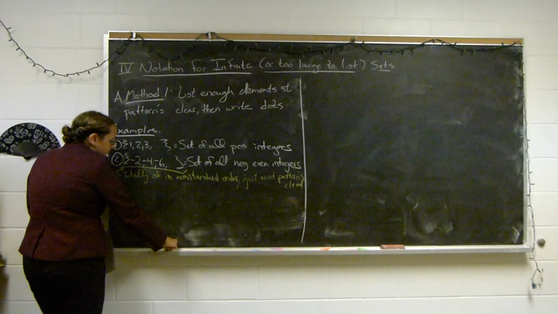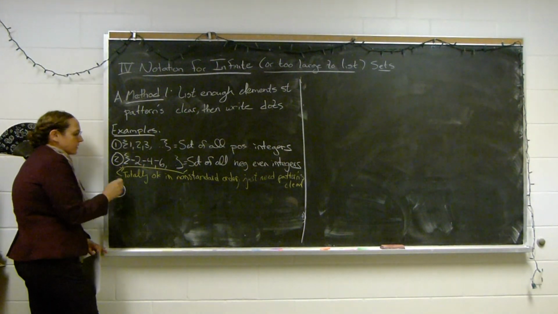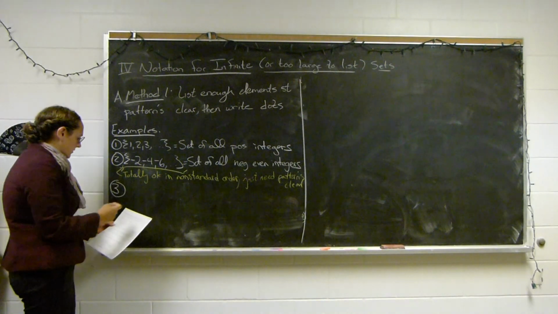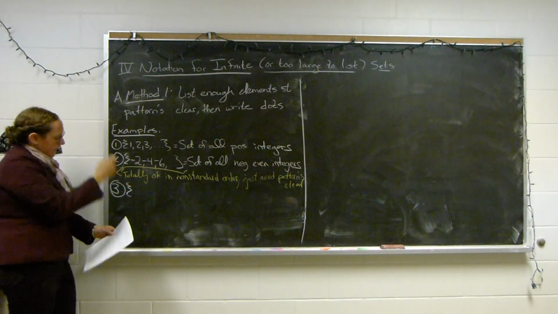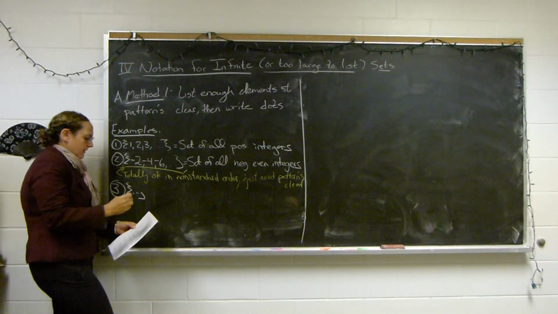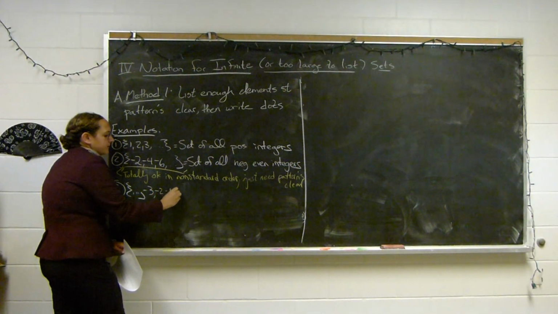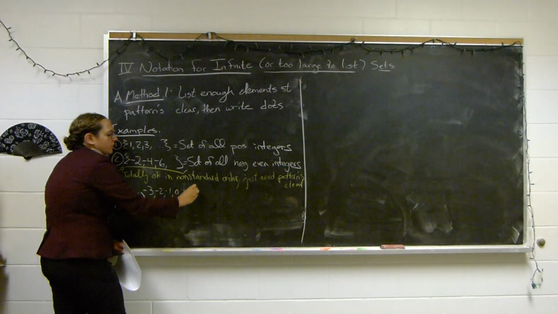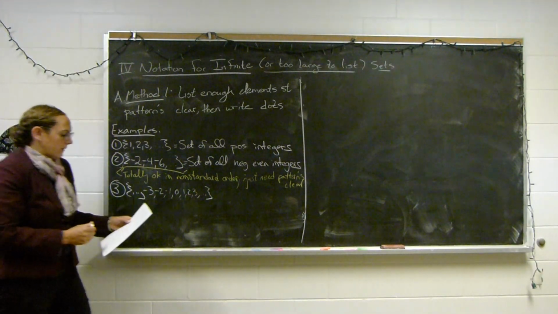Now something else we could do is have a set that continues on both sides, and that's okay. You just put dots on each side and still make sure that the pattern is completely clear. So if I do the set, and then I put dots over here, and then I went -3, -2, -1, 0, 1, 2, 3, you'd probably get the point from that: now I'm looking at all integers.